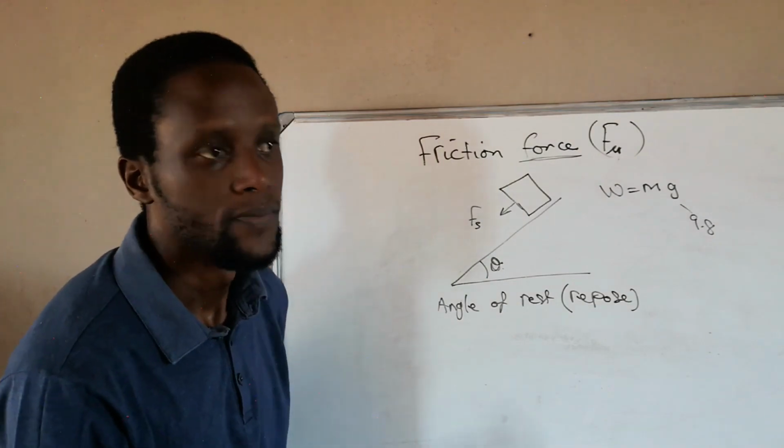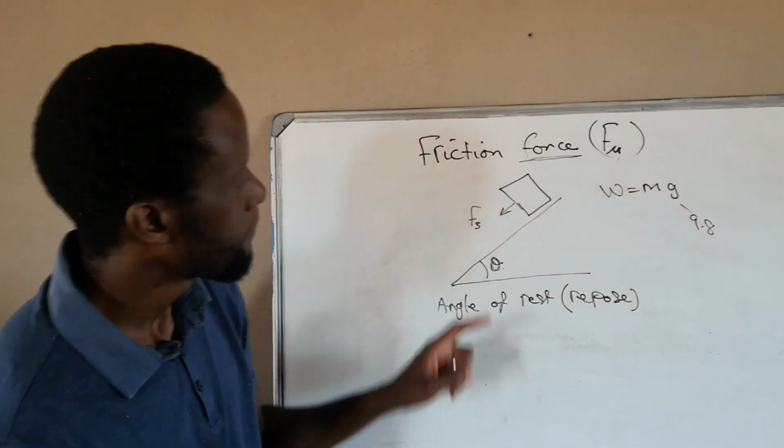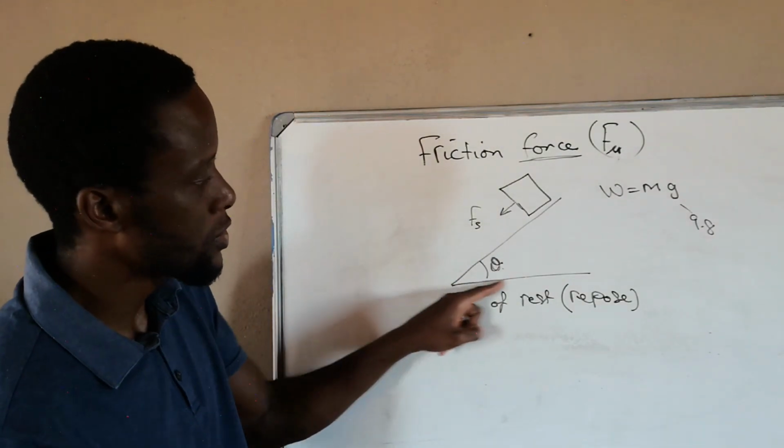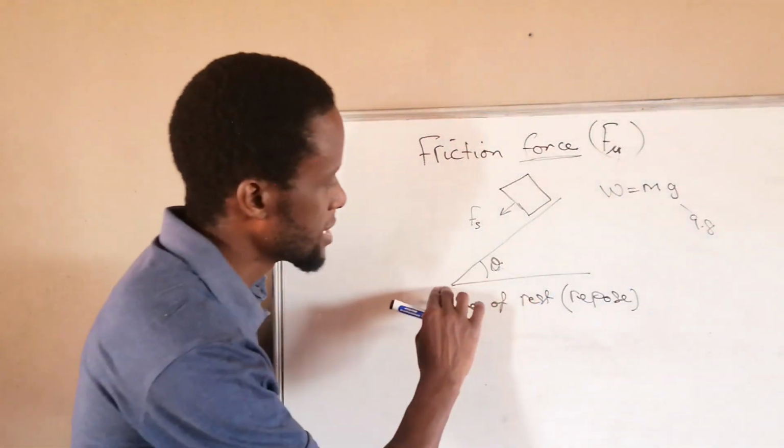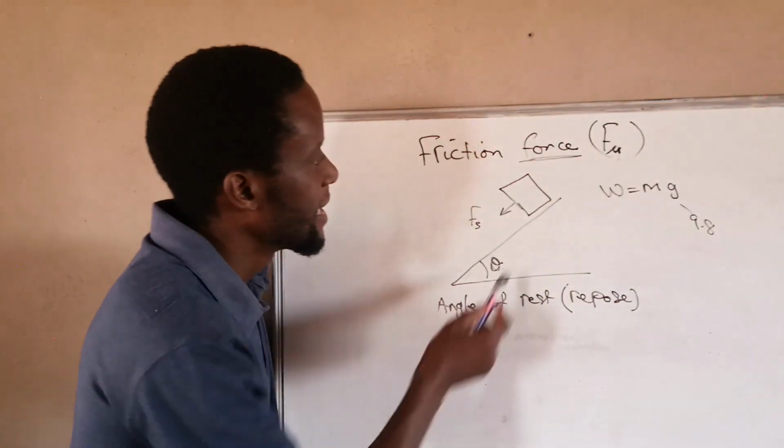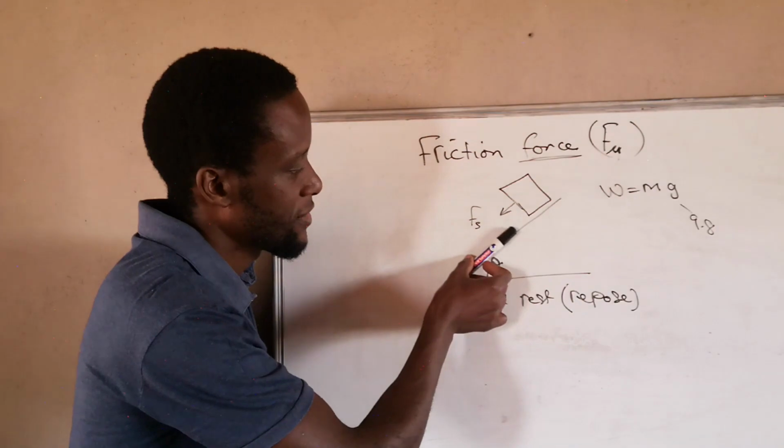Angle of rest is the angle between the surface and the horizontal. So this is our horizontal plane, then the surface, we are raising this surface.